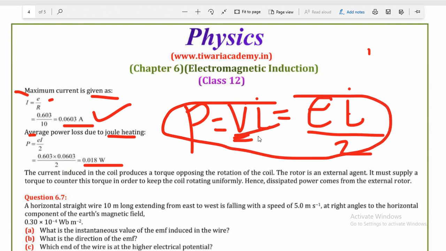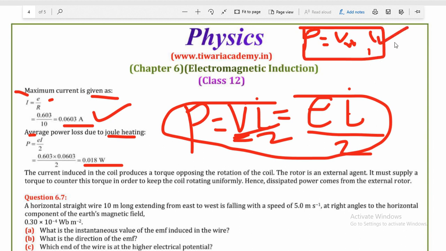You know the formula for average power loss. The formula is P is equal to Vrms into Irms. We have already discussed this formula in previous classes, so I hope you know. Here E is actually the maximum value.